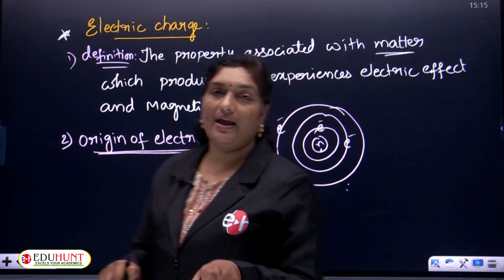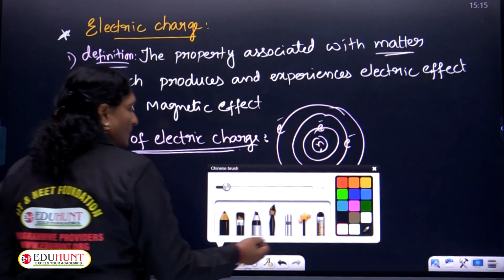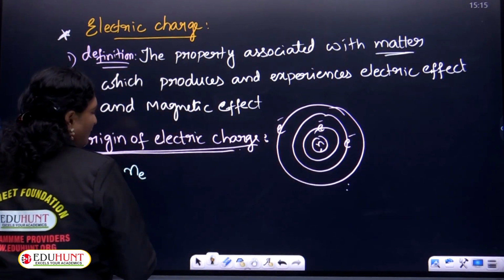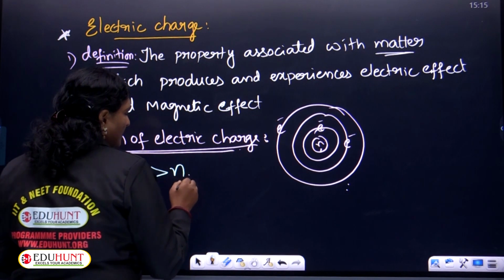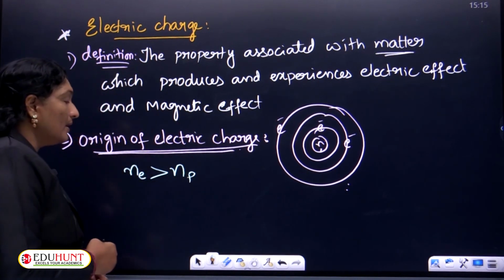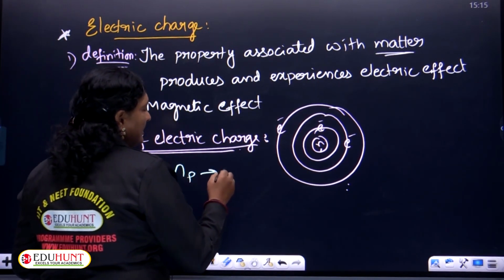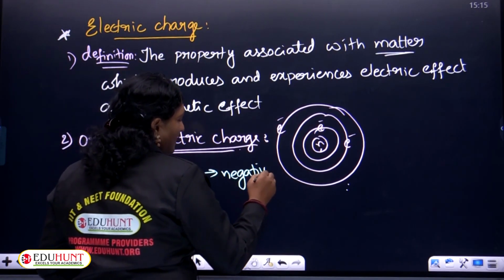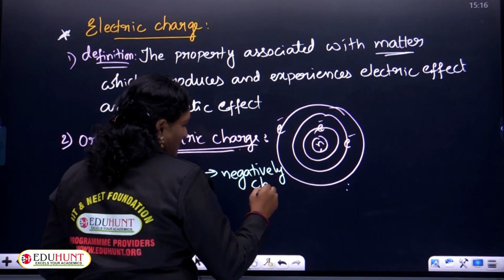Whenever the number of electrons in an atom or element is more than the number of protons, then we can say that the body is negatively charged.